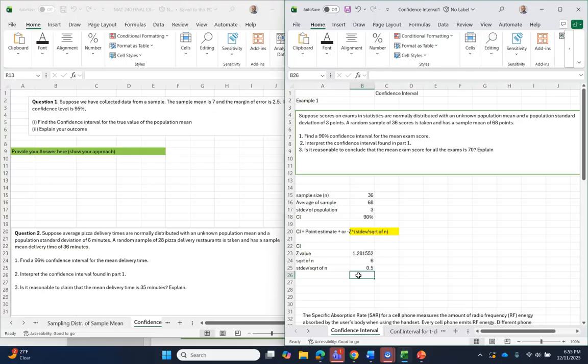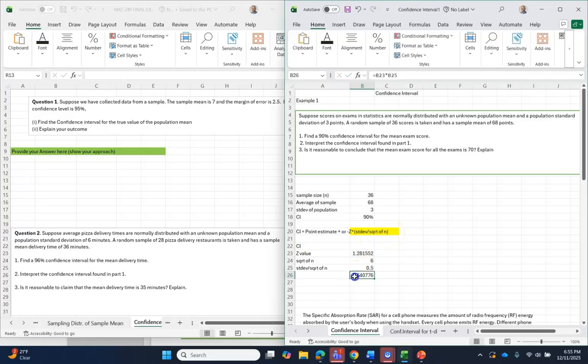So I'll put equal, and then I'm going to click on the z value, this z here, times what we have here, that is 0.5, and that's the standard deviation divided by the square root of n, and enter.